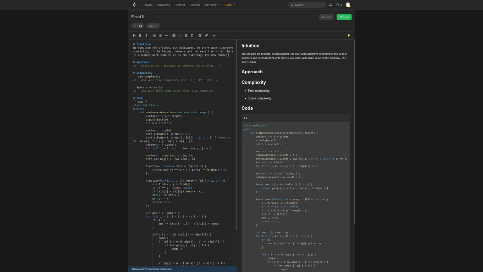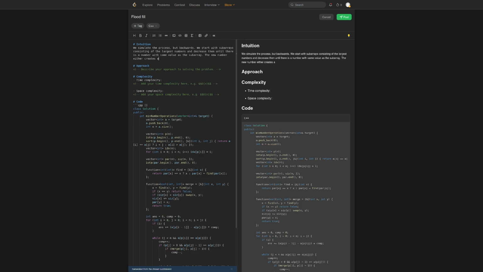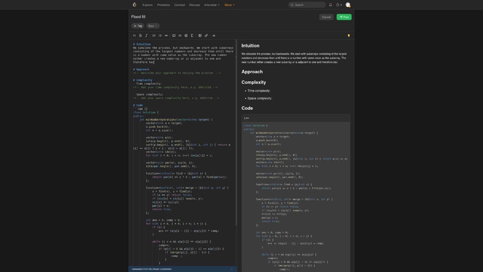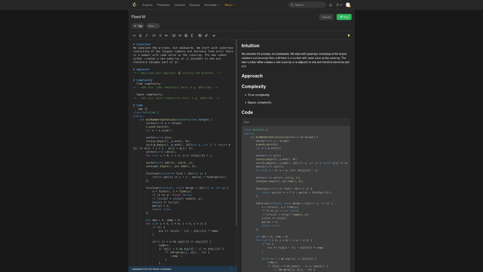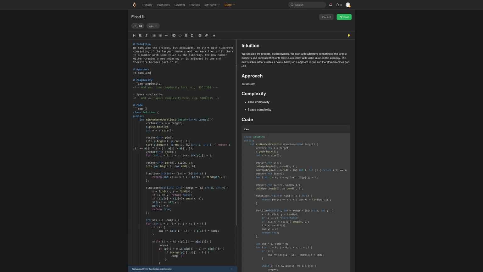The new number either creates a new subarray or is adjacent to one and therefore becomes part of it. We can do this efficiently.